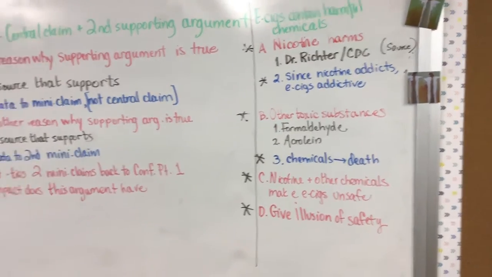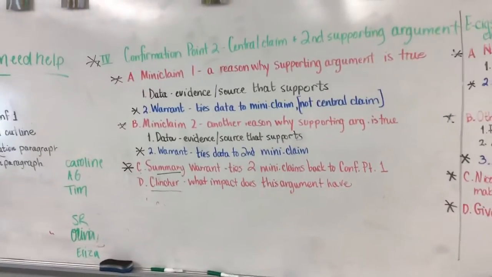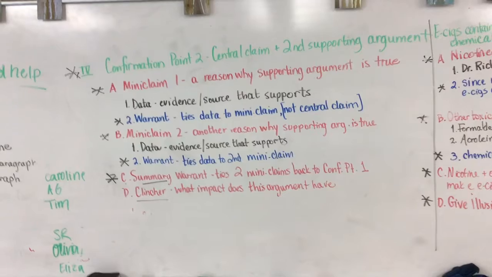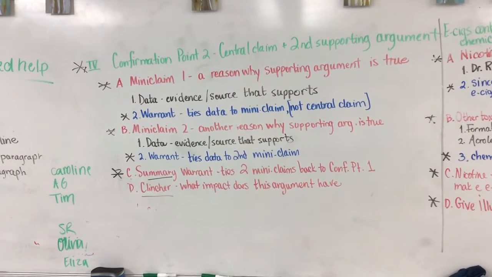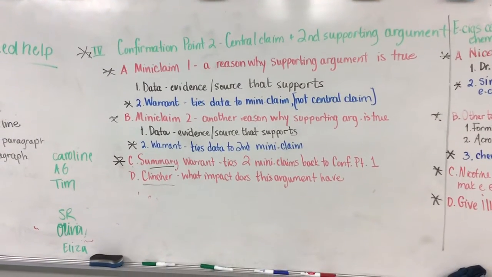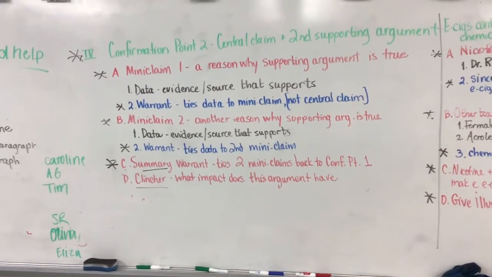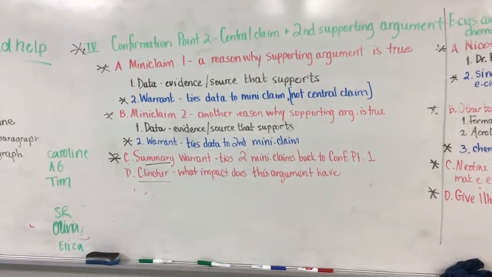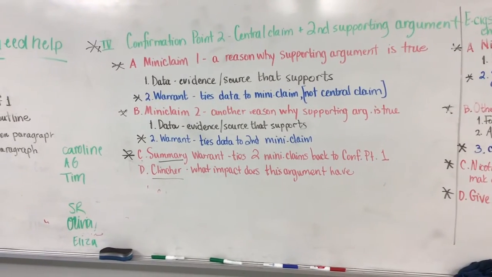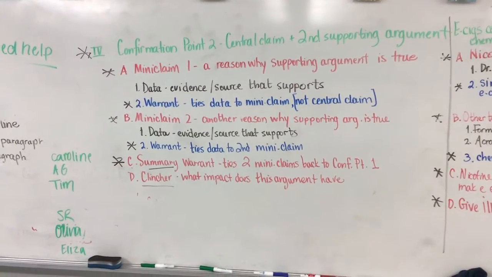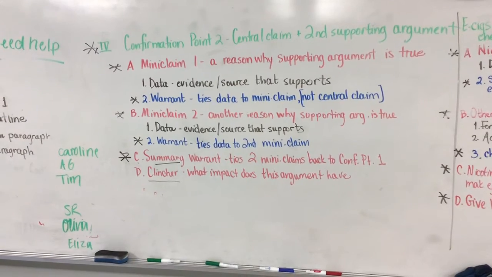So if I can go back here for a minute, everything that has an asterisk next to it is in your own words. Clincher should also have an asterisk. So that means data is really the only thing that may not be in your own words. And it might be in your own words. It might be paraphrased, but it may not be. Everything else needs to be in your own words.